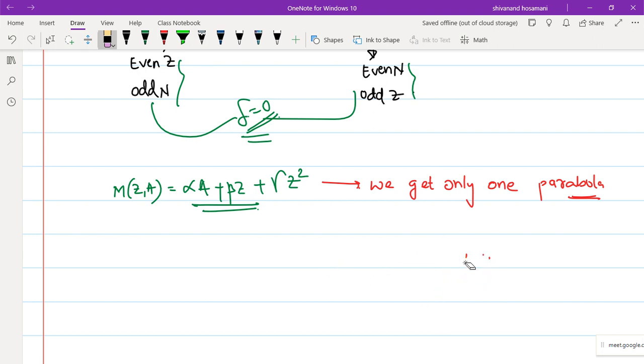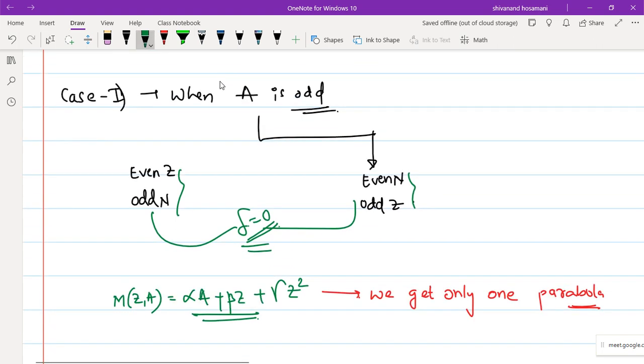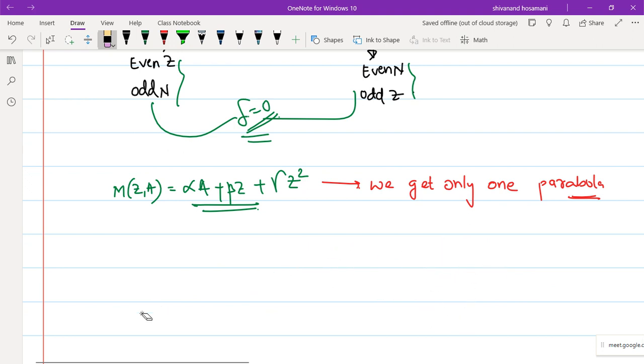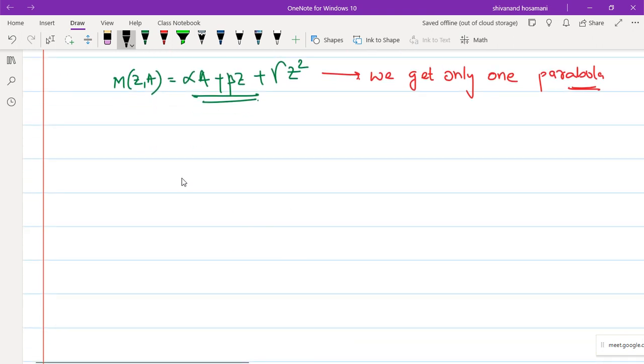So as this delta is equal to 0 here, there is no need to take more than one parabola. Okay, here for this particularly, if the delta is equal to 0, we get a parabola like this.